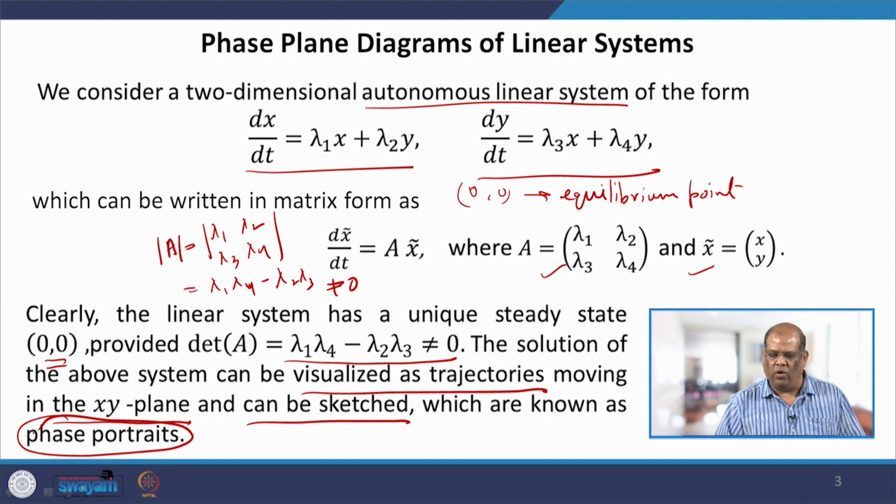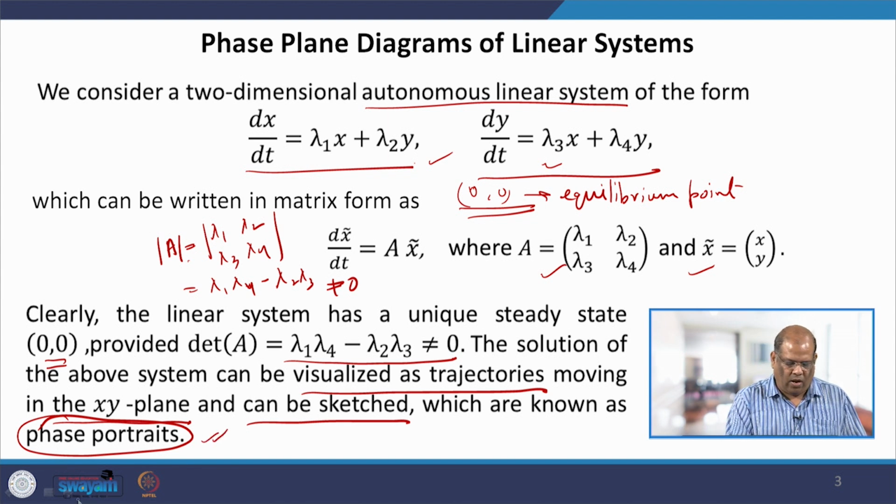So, basically you will get equations like this, find the equilibrium point, in most cases 0, 0, check where the determinant is not equal to 0, and then plot the solution and see what kind of dynamics you get in the xy plane, which are known as phase portraits.